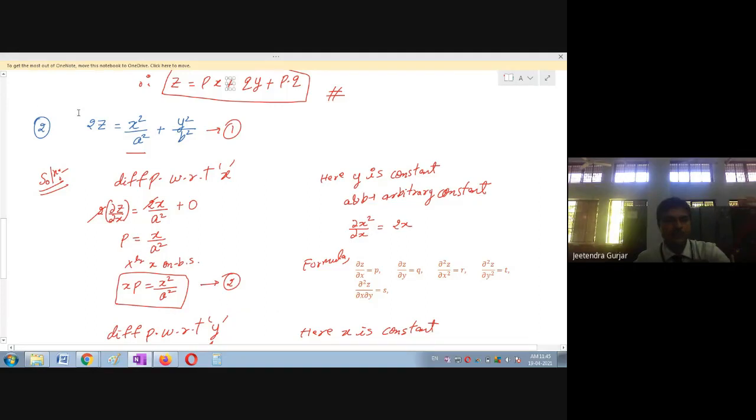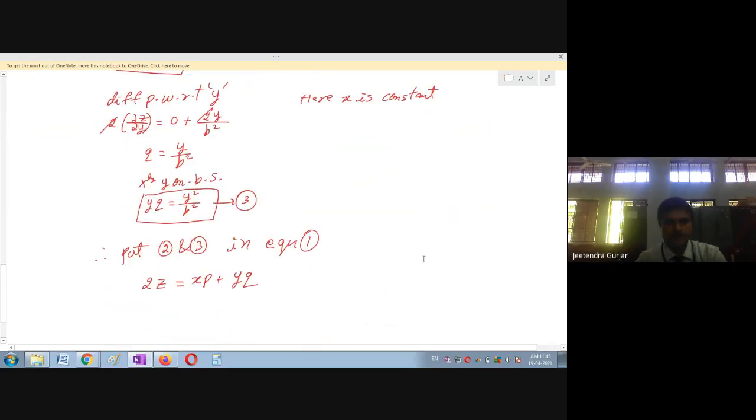This is the question given. Here I am going to substitute. I will just copy it down. Everyone got the same answer? In this equation, I am going to substitute x square upon a square and y square upon b square. Everyone got the same answer?